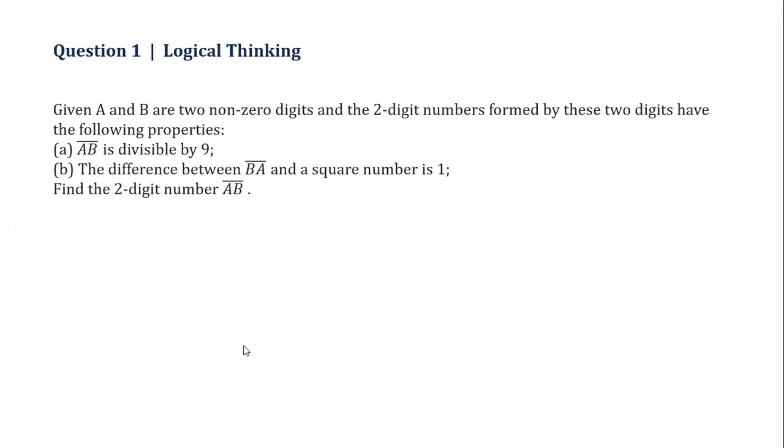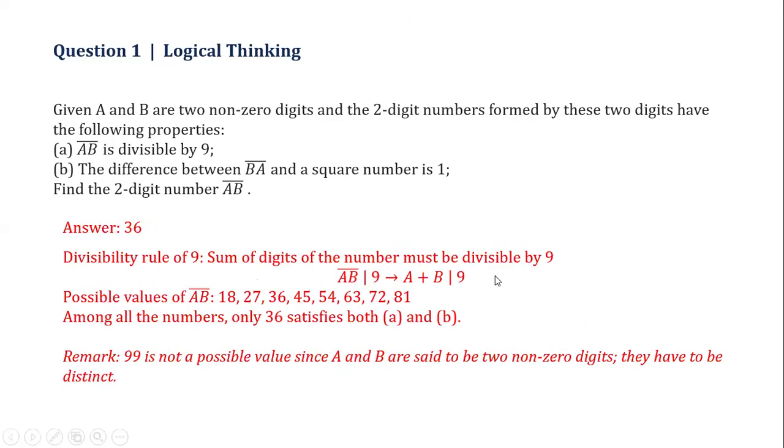Miss, I want to ask something. Sure. Why is the answer 36? Why not 63? Because if you reverse 63, that would be 36, and 36 is a square number, so it doesn't satisfy the second condition.